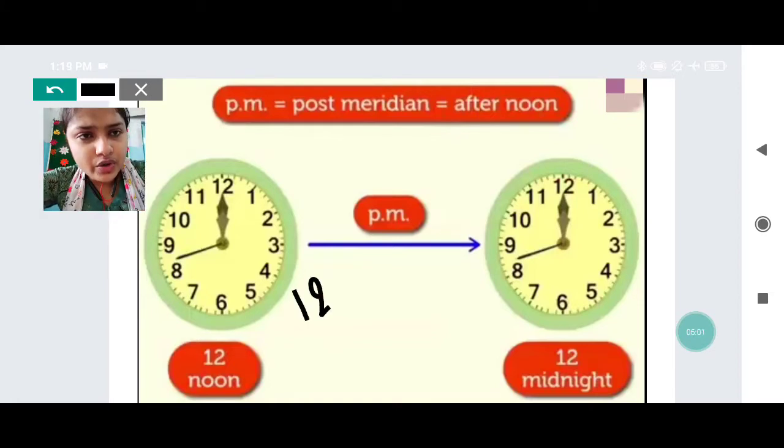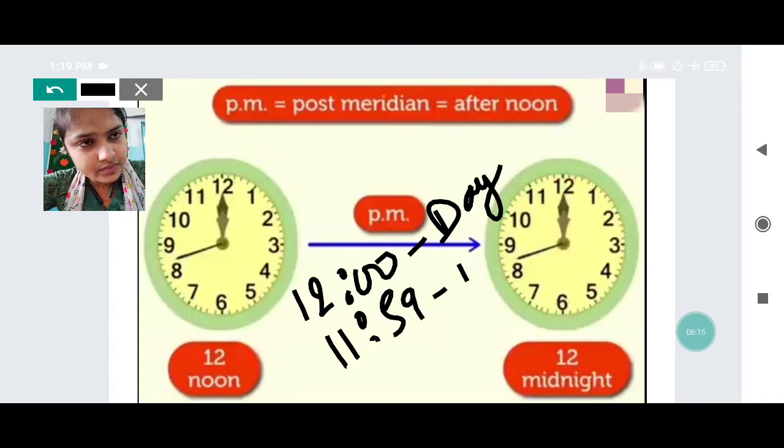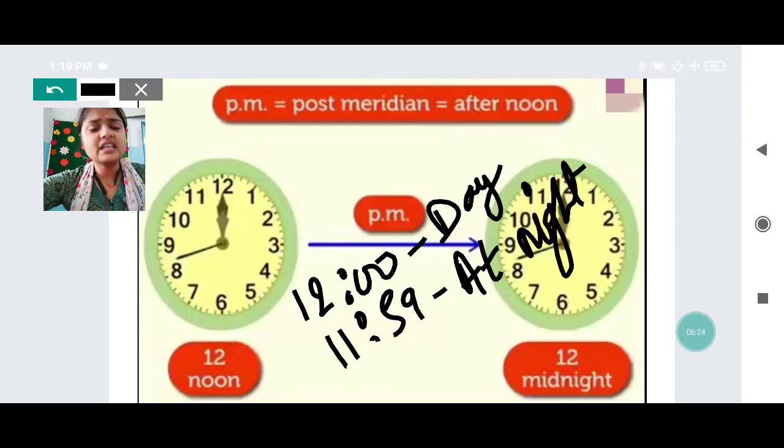From 12 in the day till 11 at night, it is called PM.